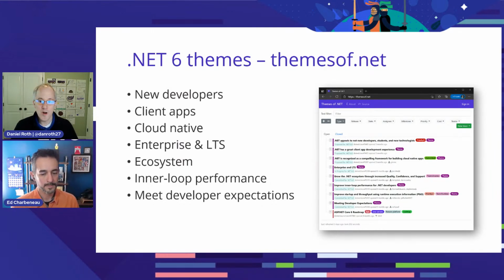Now, the next wave of improvements to .NET and Blazor is coming in .NET 6 later this year. The work plan for .NET 6 is broken down into various themes that are published publicly on the Themes of .NET website, which of course is a Blazor site.